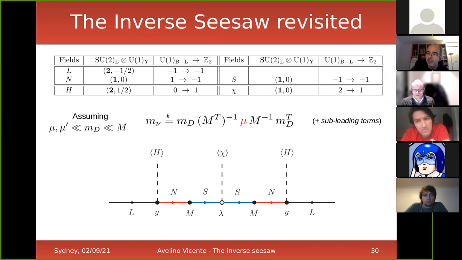And the masses of the heavy fermions are basically capital M. This is what I said already many times, but it's not exactly capital M. You have pseudo-Dirac pairs. So you get one that is capital M plus mu, and the other one is capital M minus mu. So this pseudo-Dirac splitting is a very clear prediction in the inverse seesaw.